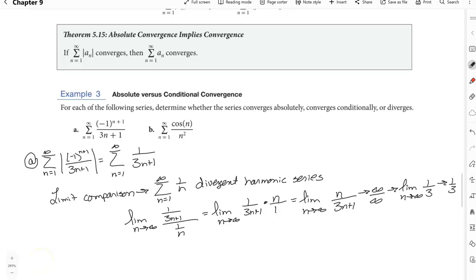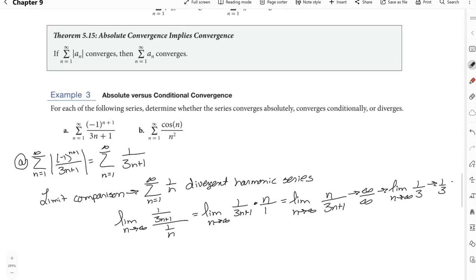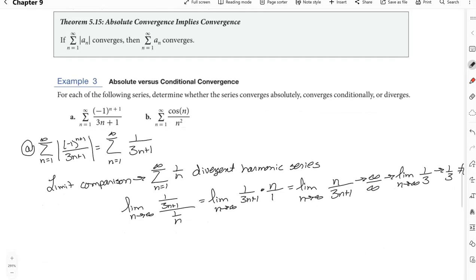So if you remember, the limit comparison test said that if you take the limit of the ratio of the sequences, what you're comparing it to and what you started with, and you get some number that is not 0, and 1/3 is definitely not the same thing as 0, then that means both series either converge or diverge. So that sum from n equals 1 to infinity of 1 over 3n plus 1 must do the same thing as the harmonic series, which means it has to diverge.